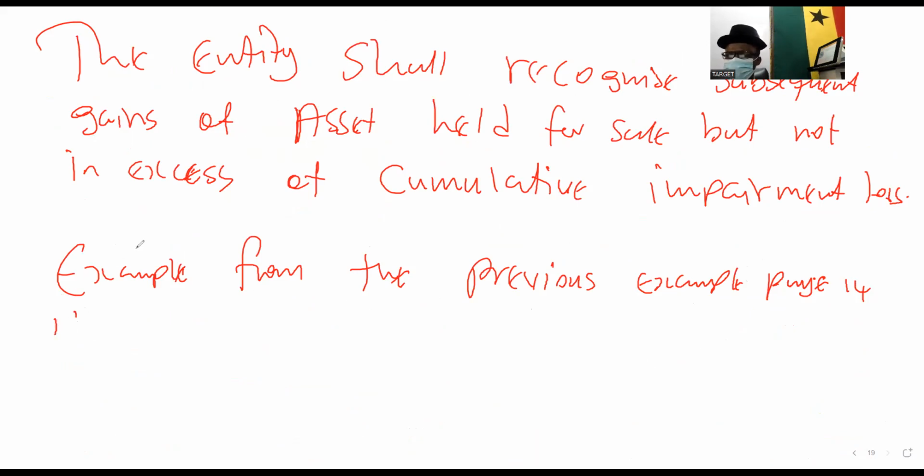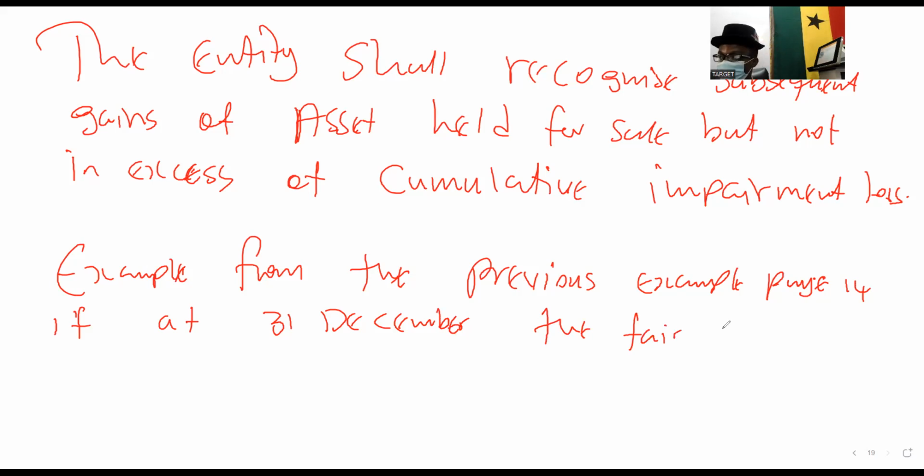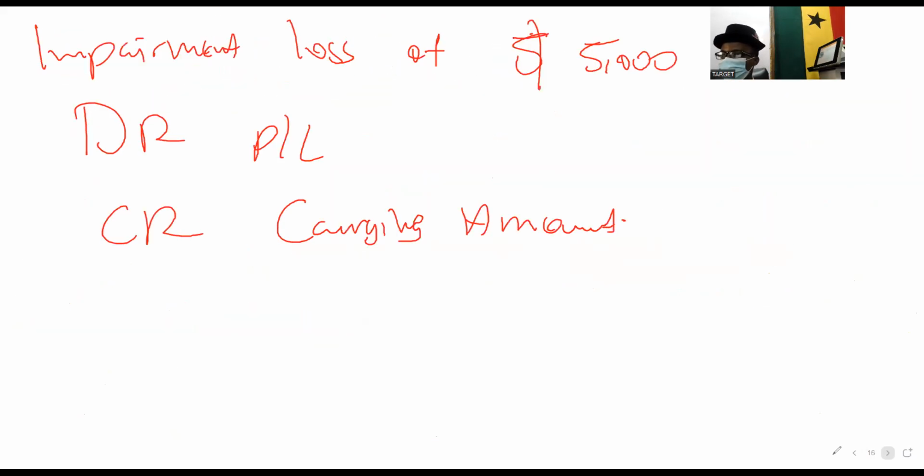If at 31st December, that's the reporting period of Target Professional Consult, the fair value less cost to sell is, let's just assume that A is somewhere... what's the fair value? 45.